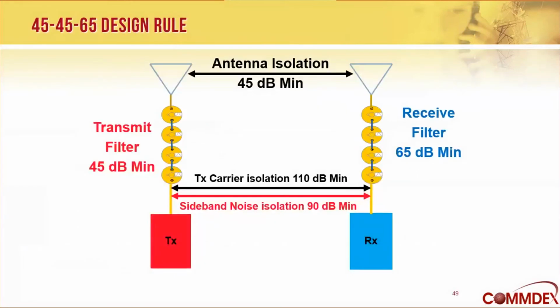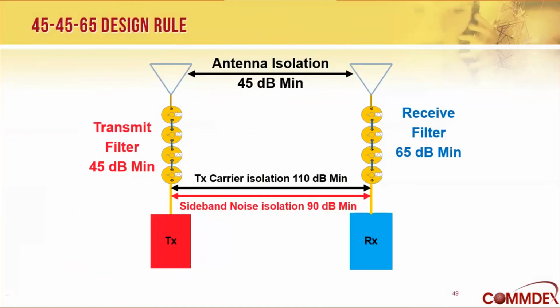A rule of thumb they use in the design of these systems is called a 45-65 design rule. When we're putting these systems together for trunk systems and multi-carrier systems, we try to keep about 45 dB of transmit filtering by way of bandpass filters and such.